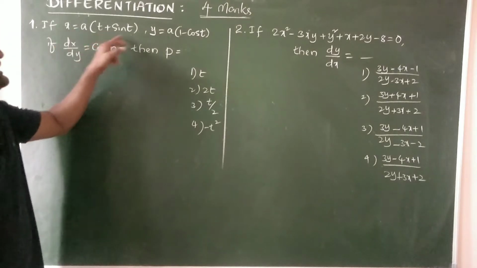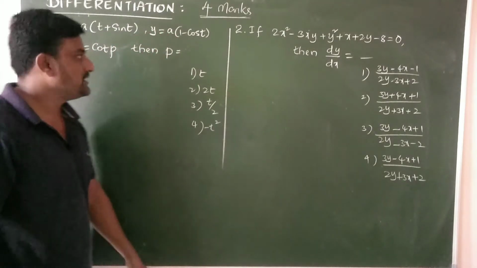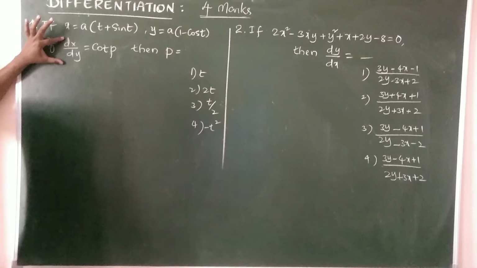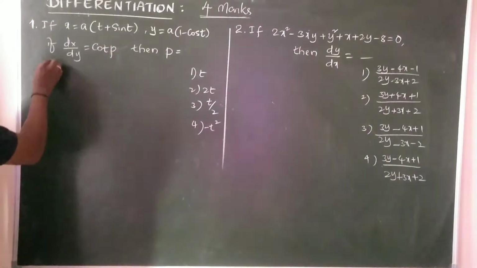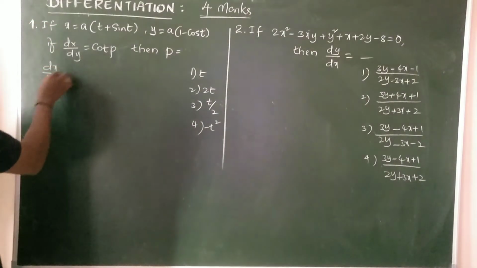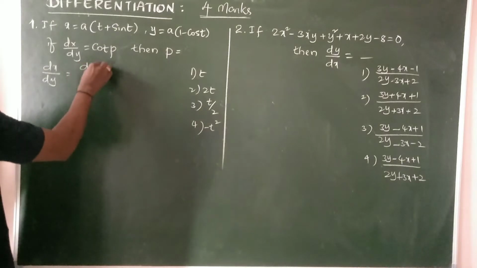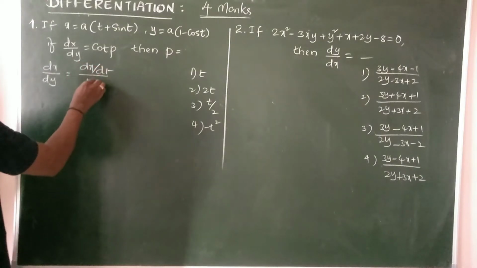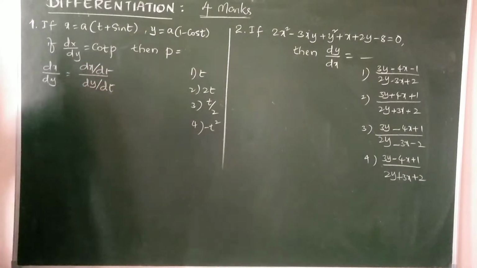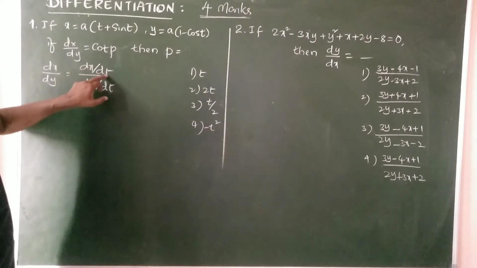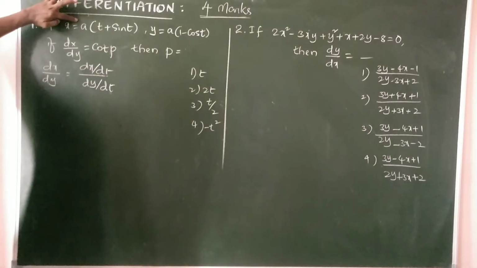Here x comma t, y comma t are functions of t, but we need it in x comma y. So in place of dy by dx, I write dy by dt by dx by dt. So definitely we need dx by dt.